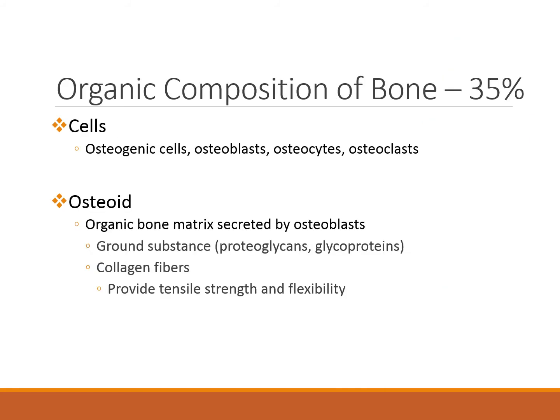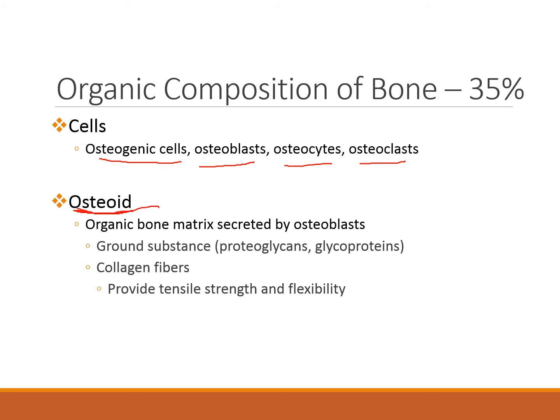No matter what bone we're talking about, it is approximately 35% organic matter. This organic matter consists of cells called osteogenic cells, osteoblasts, osteocytes, and osteoclasts, and extracellular matrix. Now, the ECM of bone has a special name. It's called osteoid.